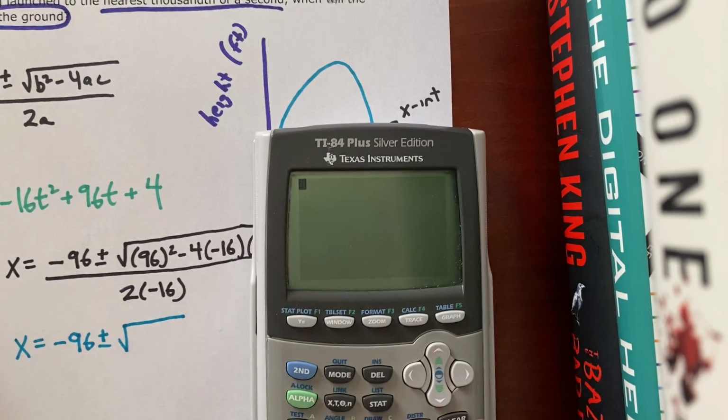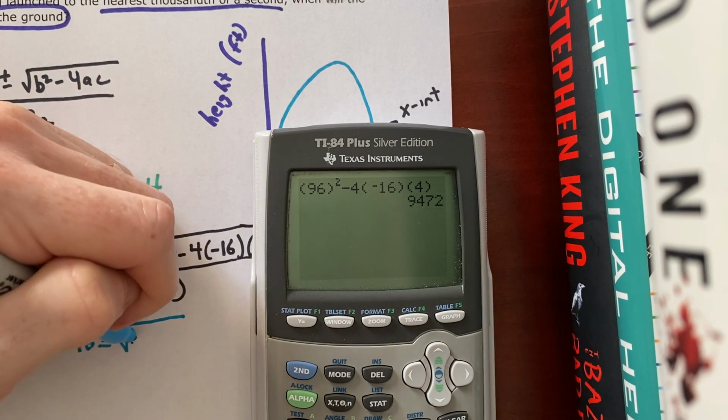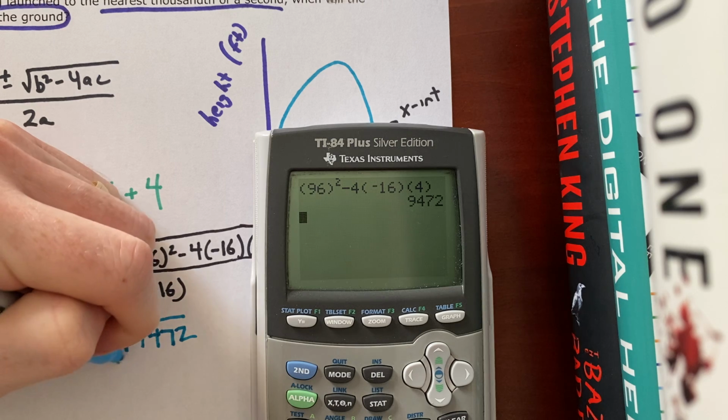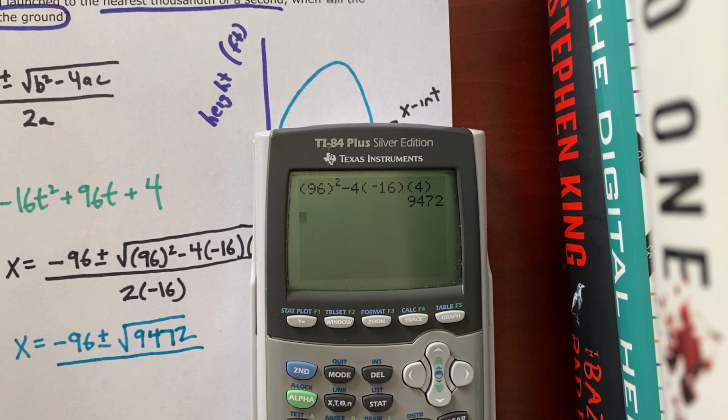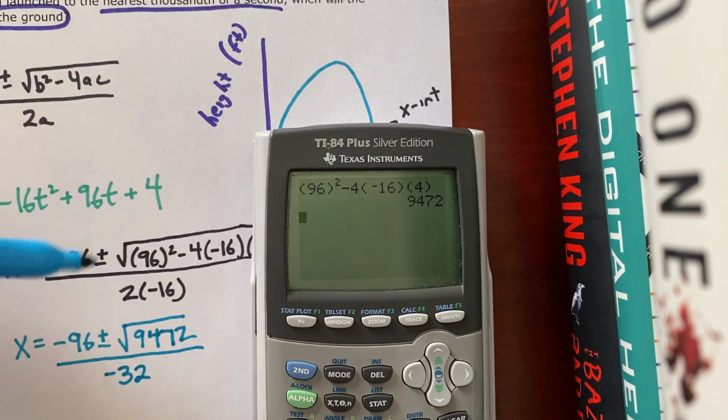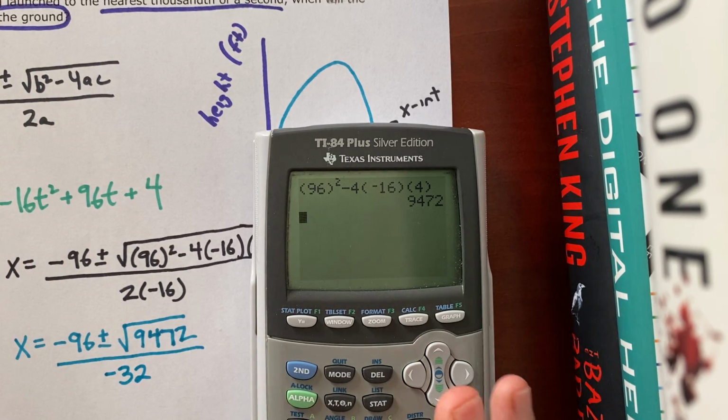We have, in parentheses, 96 squared, which is a pretty big number, minus 4 times negative 16 times 4. And we get 9,472, and that is all over negative 32, because 2 times negative 16 is negative 32.